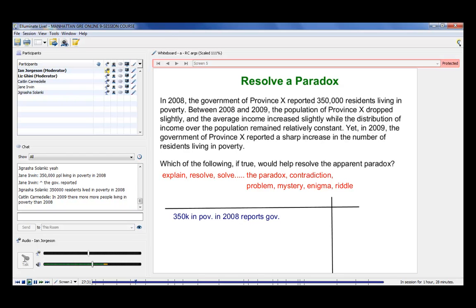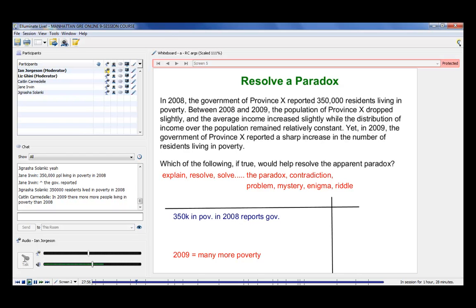Okay, so in 2009, and this I think is important, it's actually a sharp increase. 2009 equals many more in poverty. Okay, so at first glance, those two statements don't contradict each other because it's possible that a lot of people became poorer in the intervening year.